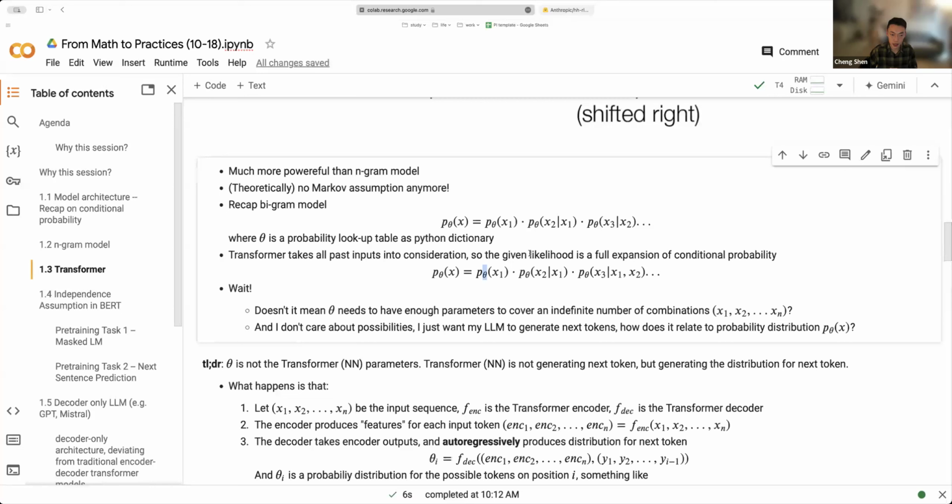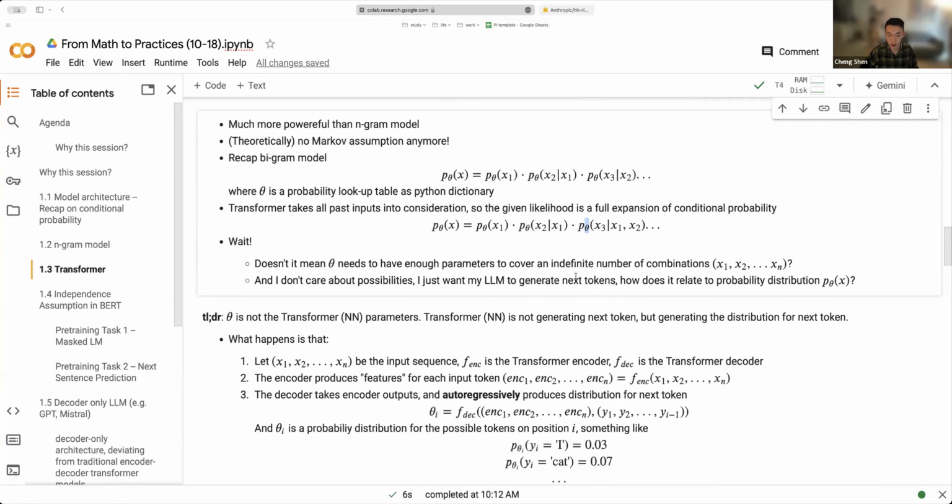So for theta, the dimension is pretty much fixed. It's correlated to the number of tokens in the vocabulary. But the parameters in the transformer are used to take x1 to xn as inputs and output theta for all these different cases.